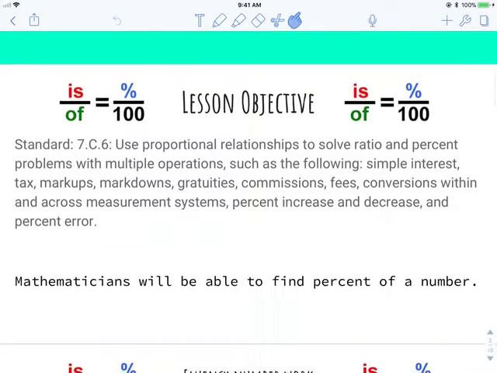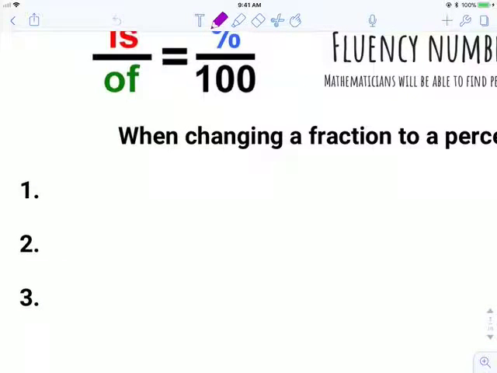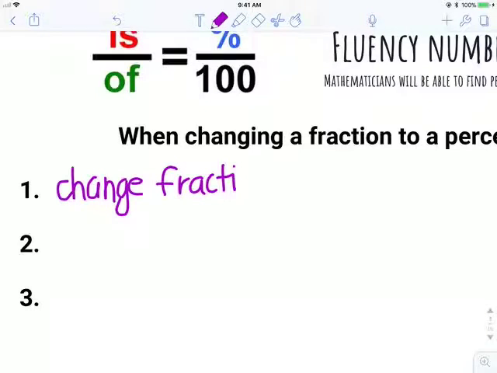All right. So going down to fluency, it's also important that we know how to change a fraction to a percent in the necessary steps. So step number one of changing a fraction to a percent is change the fraction to a decimal.